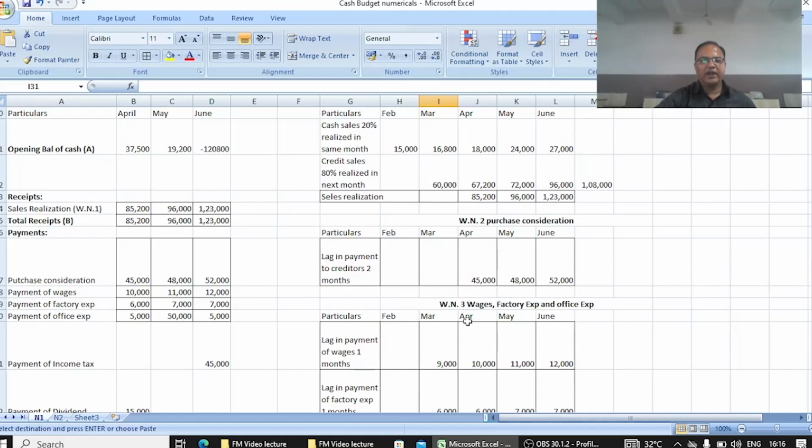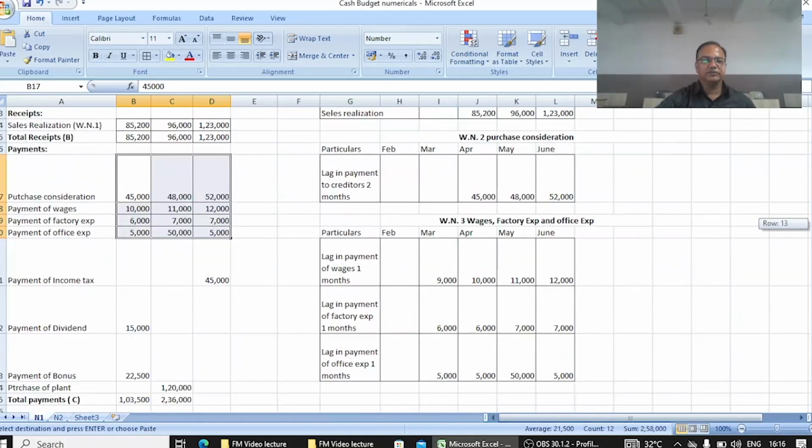Now we had a figure of wage, factory expense, office expense. We write down figures here: purchase, wages, factory expense, and office expense. Now we had three information in the question: payment of income tax, payment of dividend, payment of bonus, and purchase of plant in month of May.